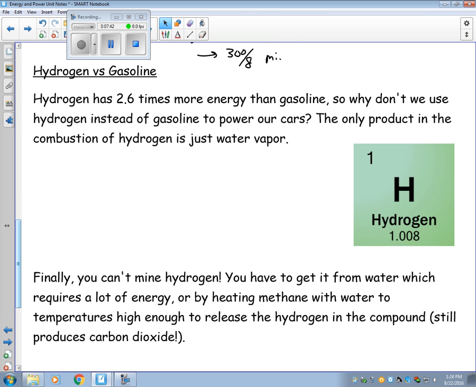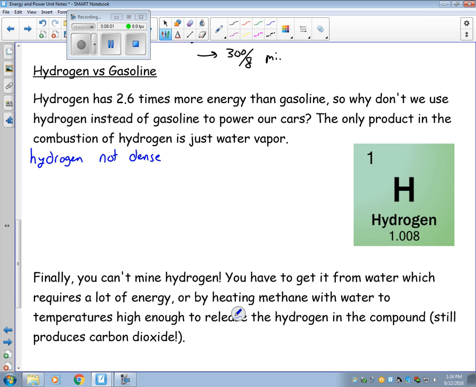But unfortunately, there are several problems with this. First off, hydrogen is not very dense. Remember, density is mass divided by volume.